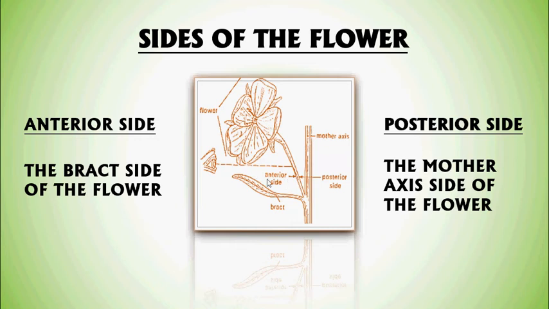Let's observe the photograph. The surface of the flower facing towards the bract is called the anterior side. The surface of the flower facing towards the mother axis, that is the stem region, is called the posterior side.